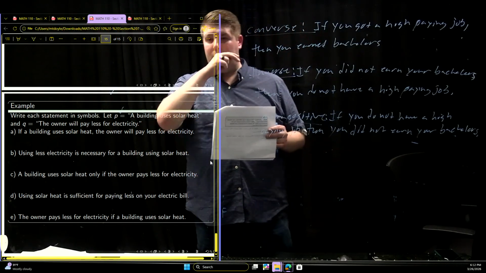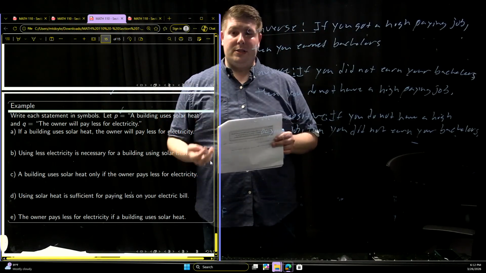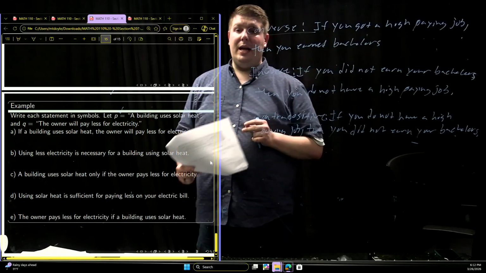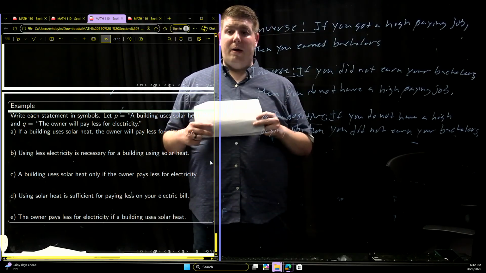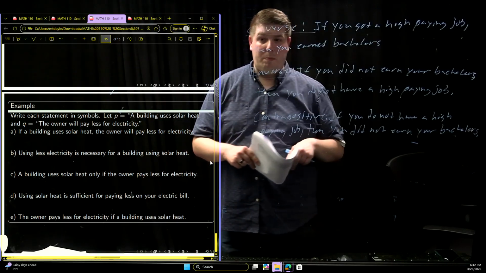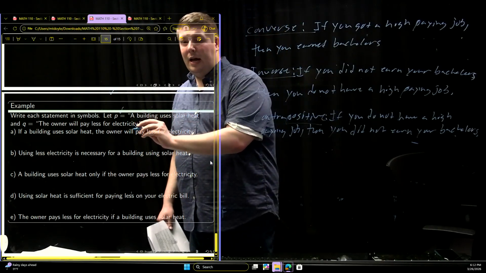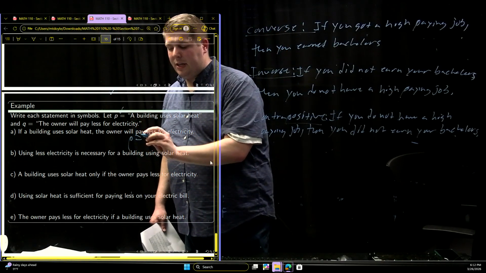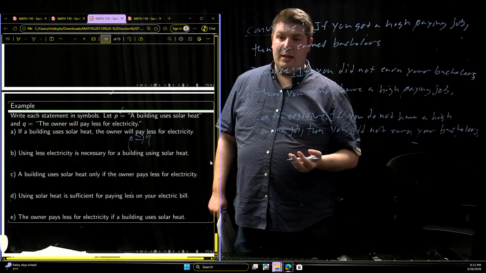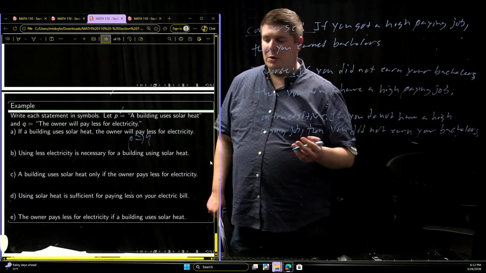Now, this one is just asking us to write this using words, and this one's saying in symbols. So if a building owner uses solar heat, the owner will pay less for electricity. That is a P implies Q statement. Using less electricity is necessary for the building of solar heat.